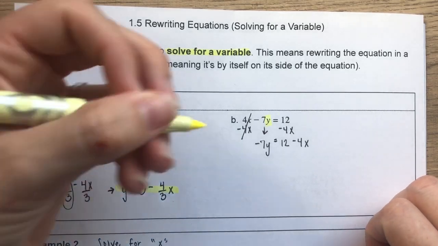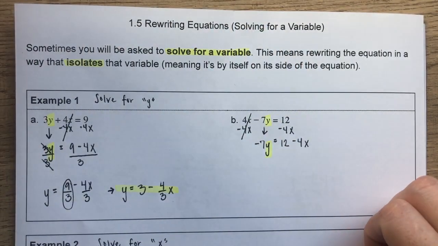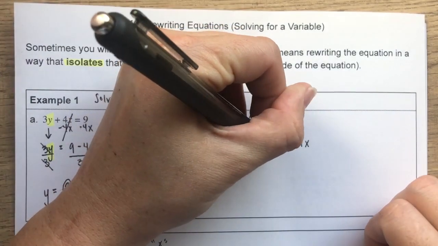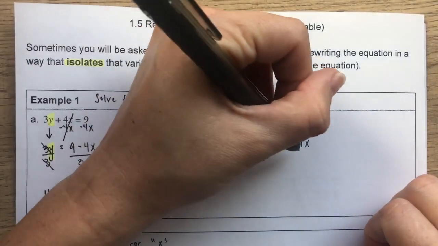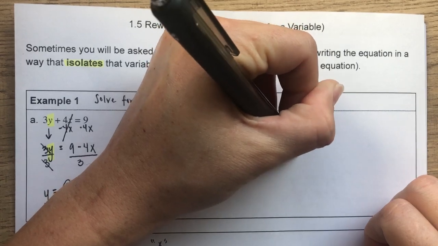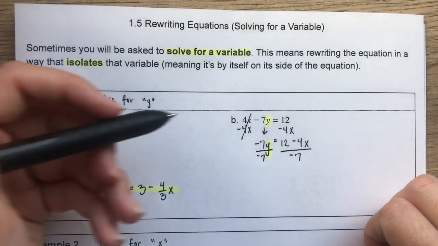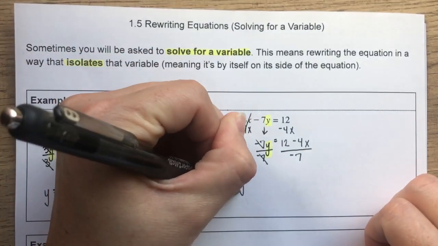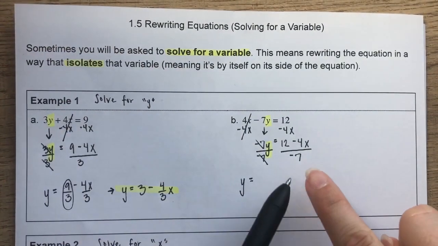And then now I have negative 7 times y equals 12 minus 4x. So I want to undo multiplying by negative 7. I want to divide both sides by negative 7. Multiplying by negative 7 and dividing by negative 7 cancel out, and then I'm just left with y equals.